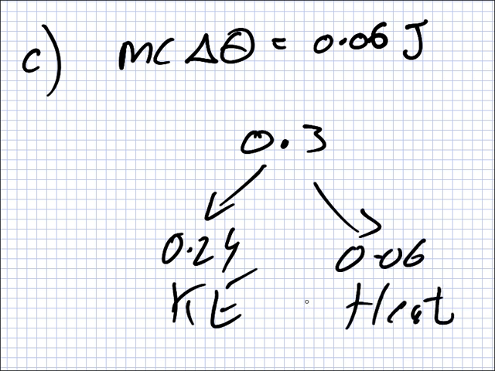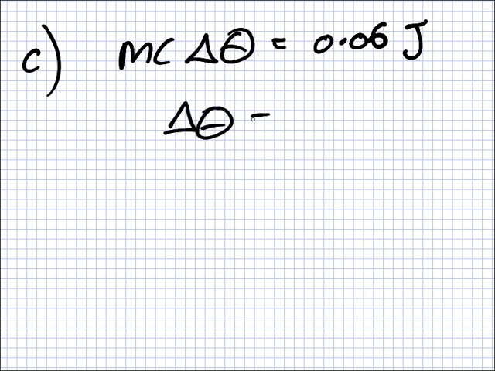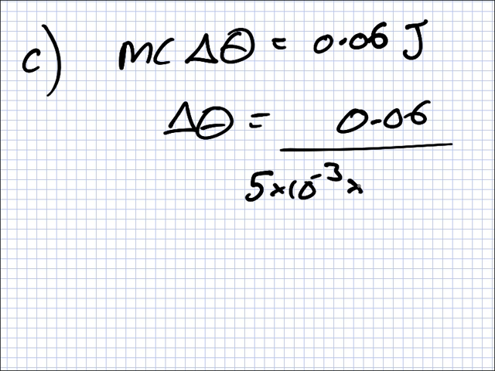So here we get delta theta equals this over this times 1250. 2 marks. What's this?